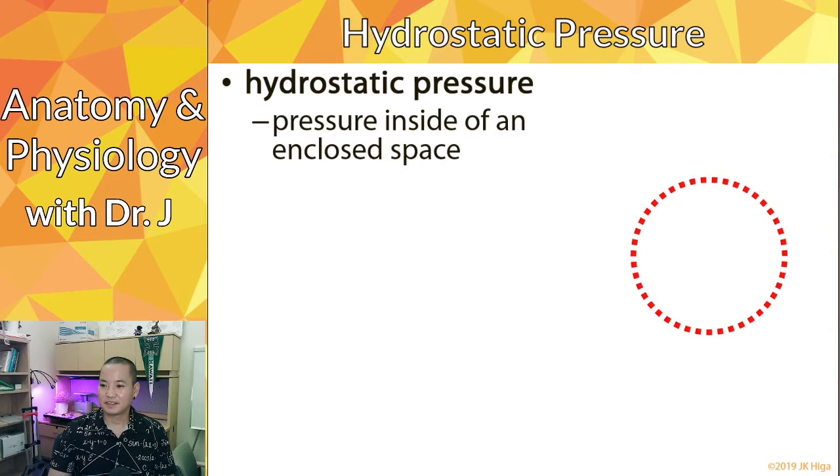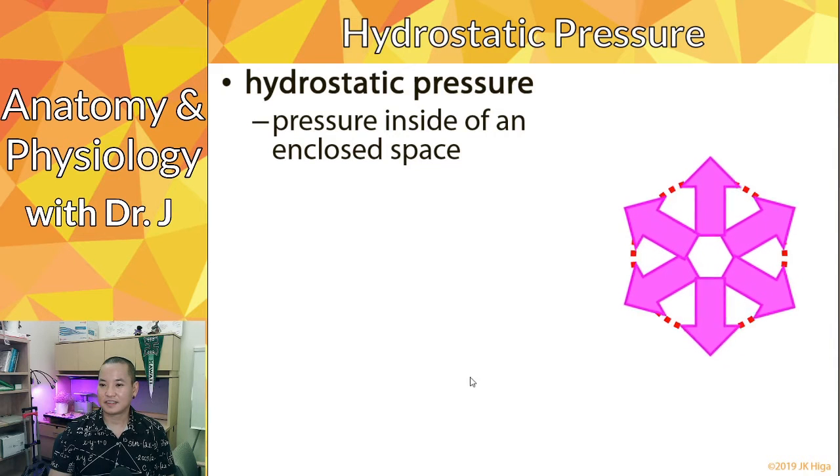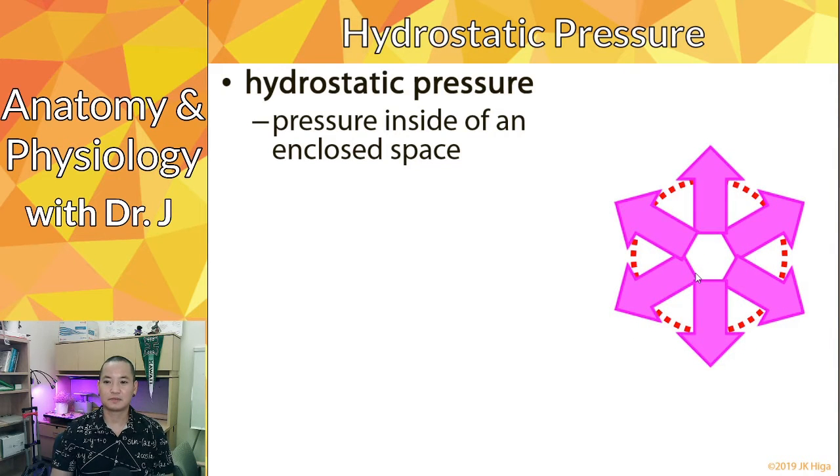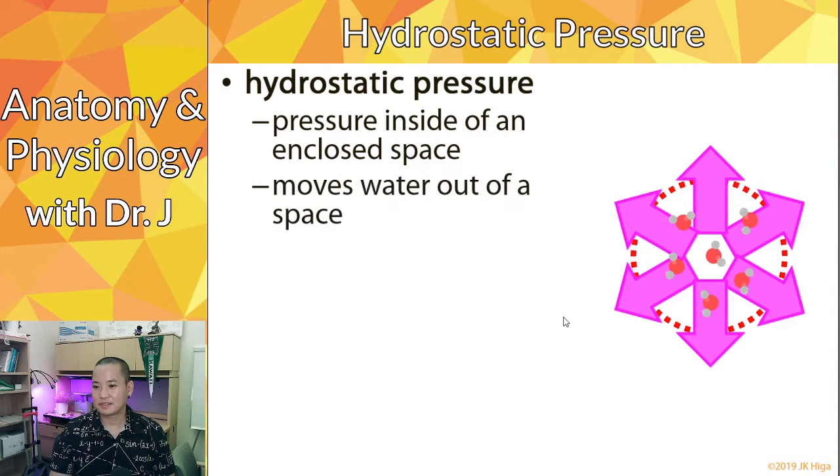Here we have a cross section, and again, hydrostatic pressure is the pressure inside that enclosed space, and due to that pressure, it's going to try to force things out of that space. So it moves water outside of a space.